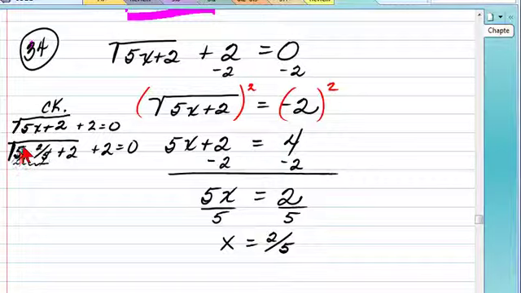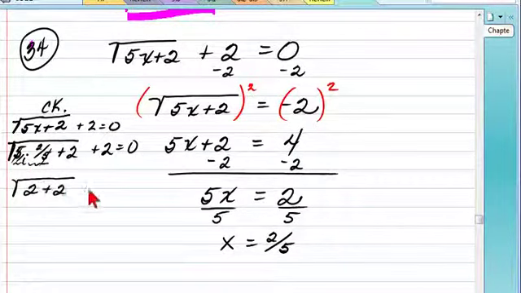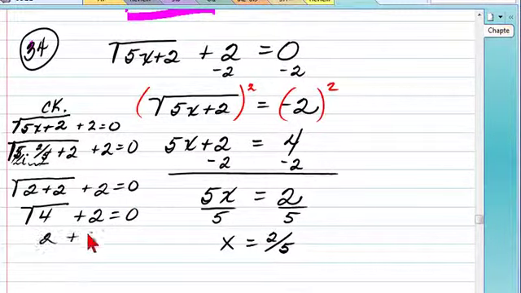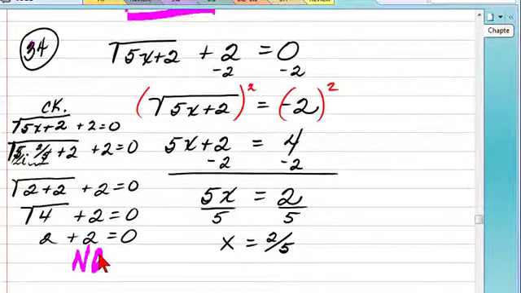The 5's cancel out, and you have the square root of 2 plus 2 equals 0. That's the square root of 4 plus 2 equals 0. 2 plus 2 equals 0. No. That's not true, which means that answer doesn't work.